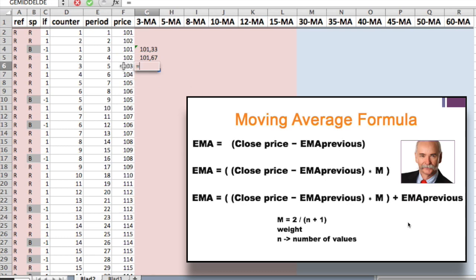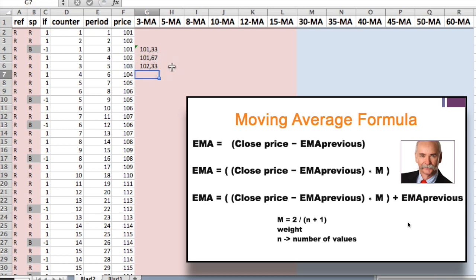So the close price minus the exponential moving average from the previous period, that's this here. Remember, you multiply this by 2 divided by 4, 50%. You add to this the exponential moving average from the previous period. Bang.